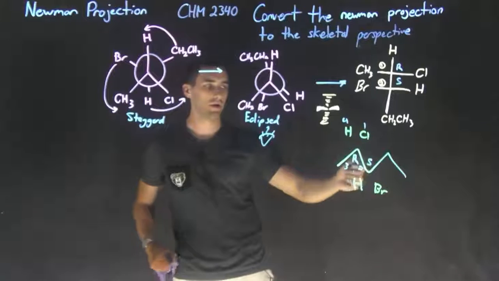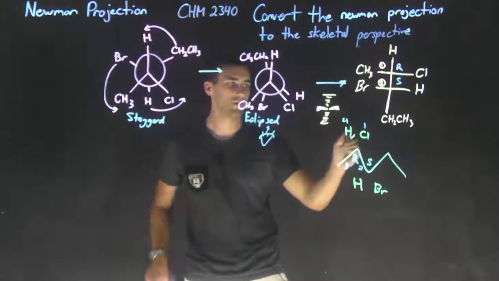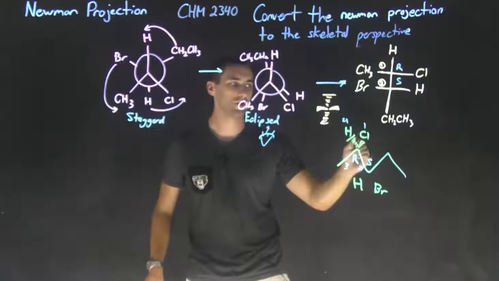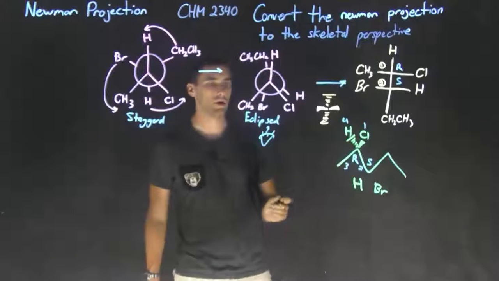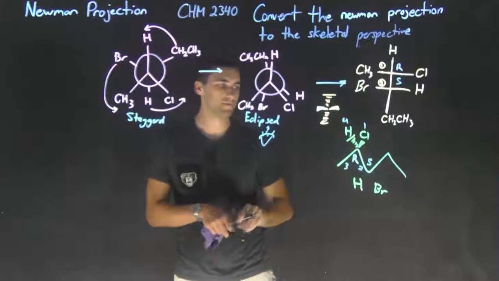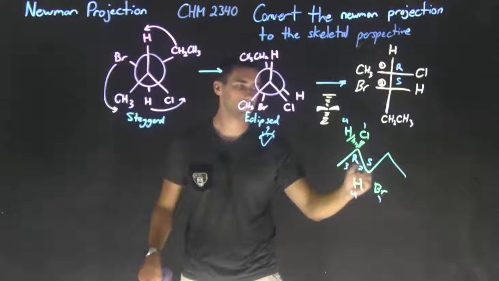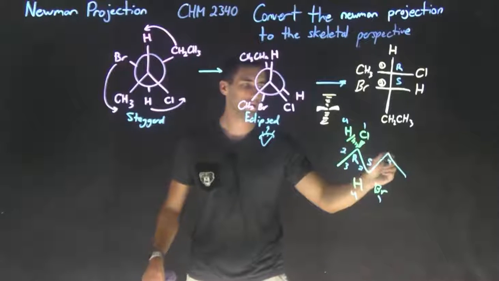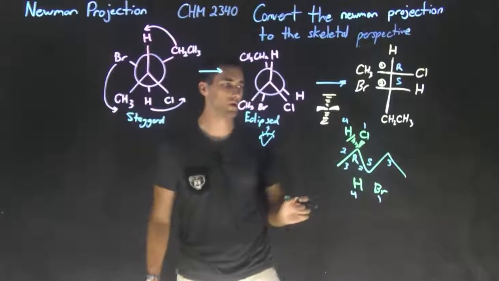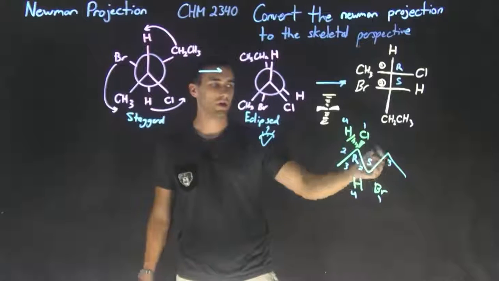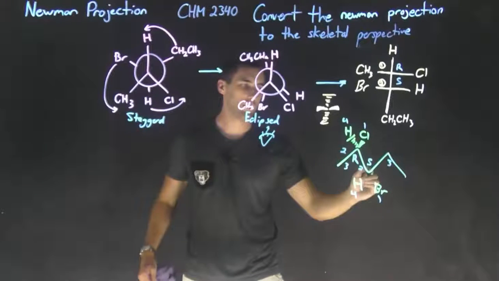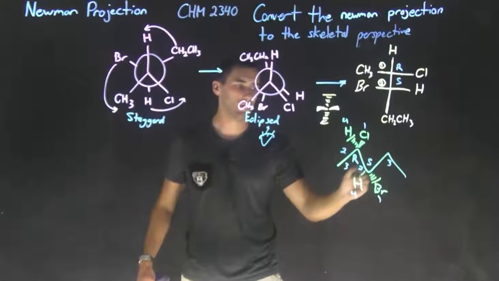This will go as R, so we can keep H in the back. For this one, we have 1, 2, 3, 4. This will go as R, so that means we need bromine in the back instead of hydrogen.